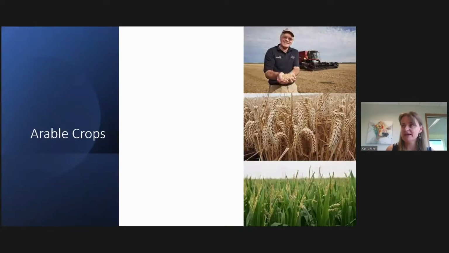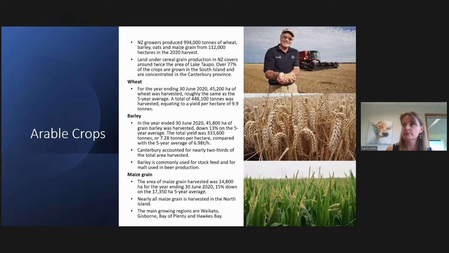Okay, I'm going to move on to arable crops, and arable crops are predominantly wheat, barley, and maize grain, but there are a couple of others, such as oats, which I haven't included on there, but they are in that group. Here, we grow a lot and predominantly for our own use.